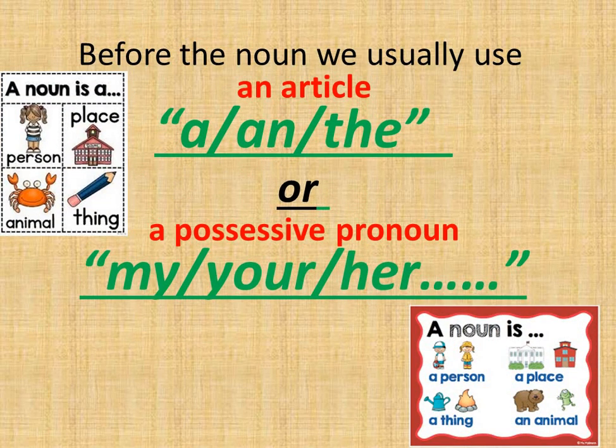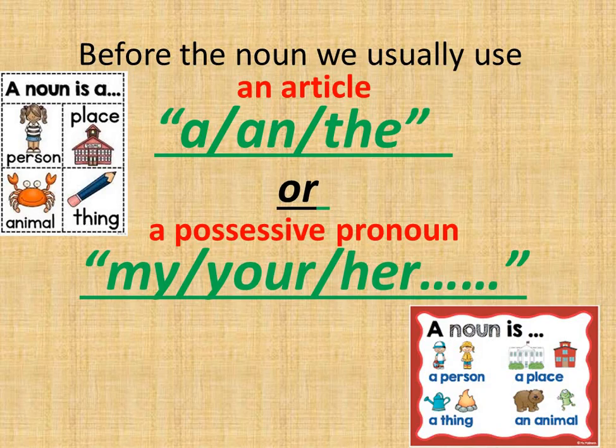And we know the noun if we find an article before it, because we usually use an article before the noun, like a cat, an apple, the person, or the bottle, the cup, and so on. Or we use something else before the noun.